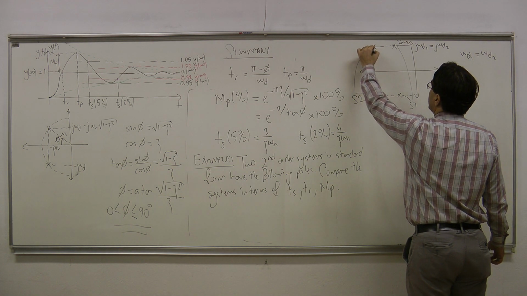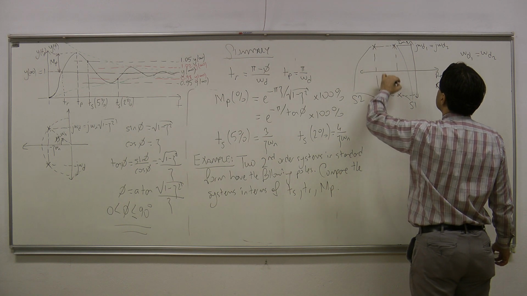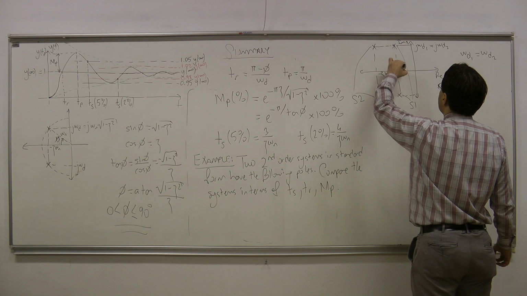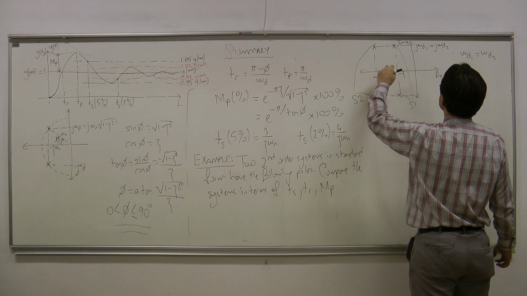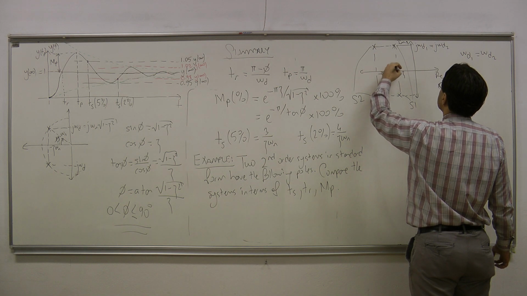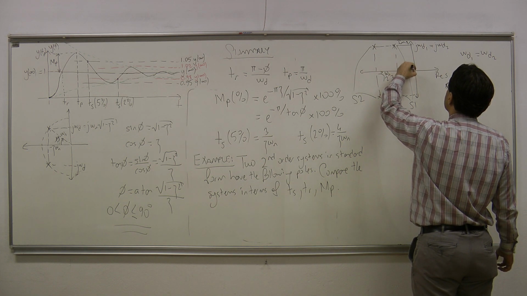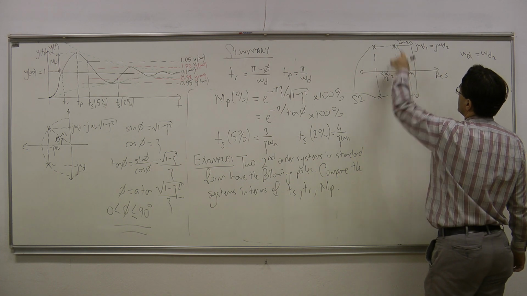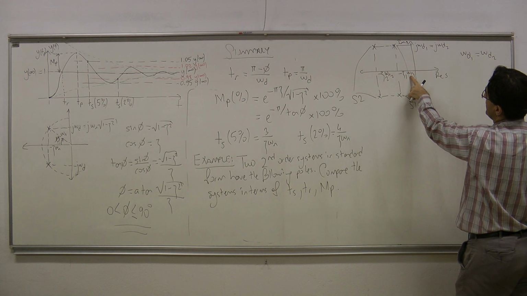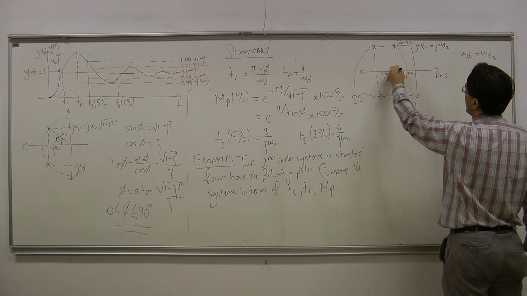What about the real parts? Obviously the real parts are different. Minus psi 1 omega n1 and minus, sorry, I'm making a mistake here. This is psi 2 omega n2 and psi 1 omega n1. These are the poles of the first system. So I have minus psi 1 omega n1 here, this point.